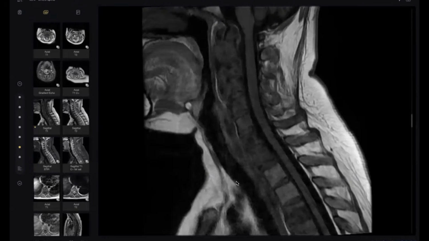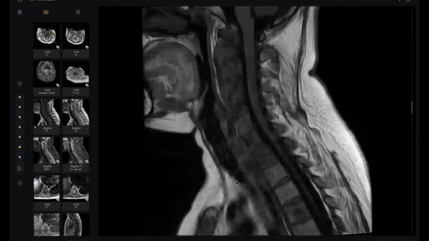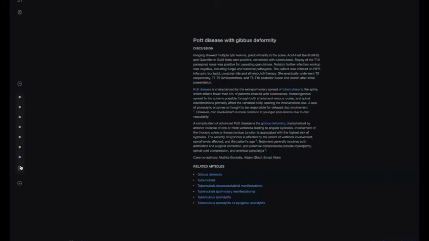The second most common TB dissemination after the pulmonary infection, one of the most important to exclude is genitourinary tuberculosis. So it was a multisystemic TB complicated by Pott's disease and Gibbus deformity.